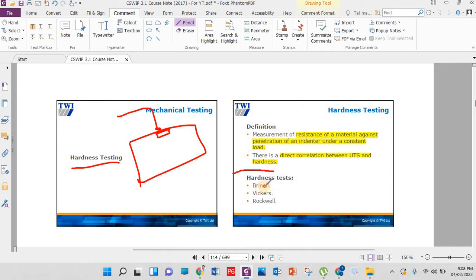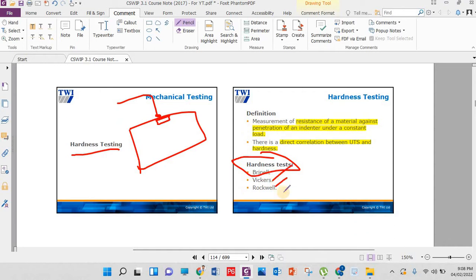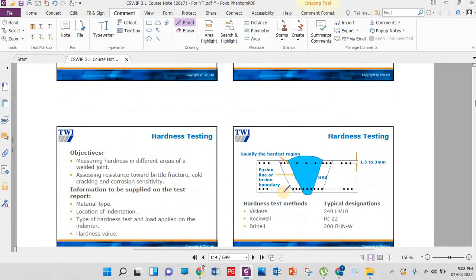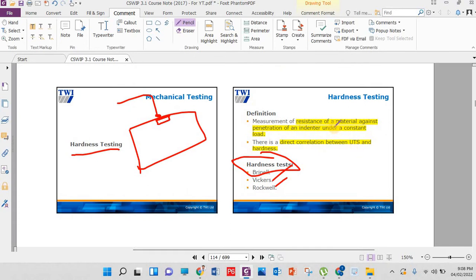To measure this resistance, we have three tests: Brinell test, Vickers test, and Rockwell test. The point that could come in the paper is that the resistance of a material against penetration is known as the hardness test. You should remember this: resistance of material against penetration.